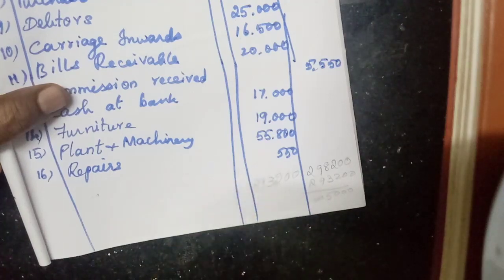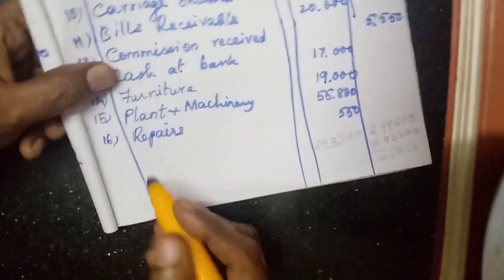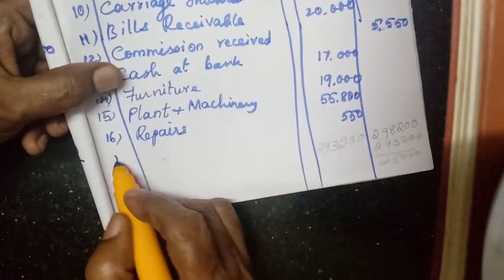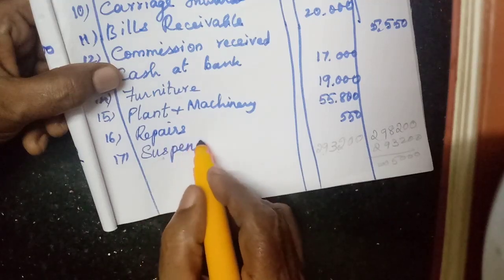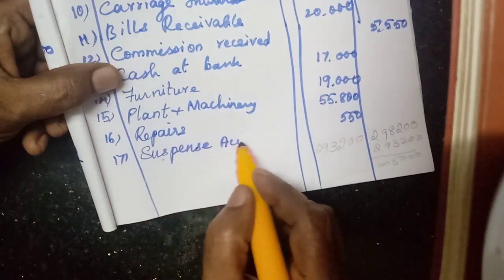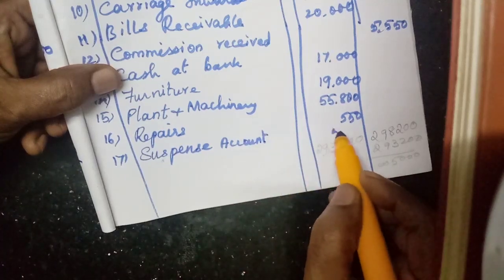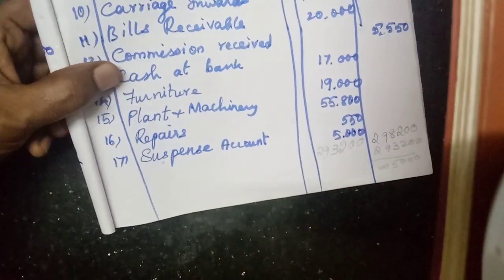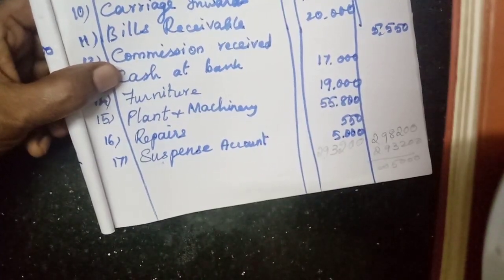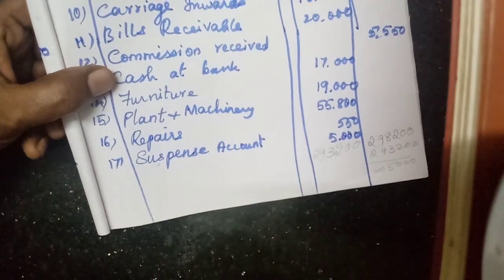So, debit side we should write as suspense account. Okay. Suspense account we should write 5,000. Now we should write the total.